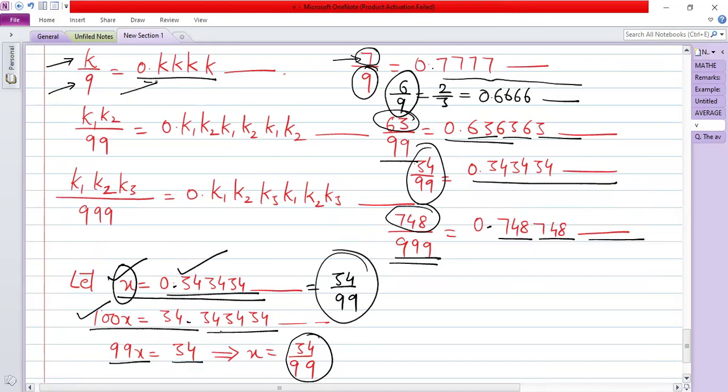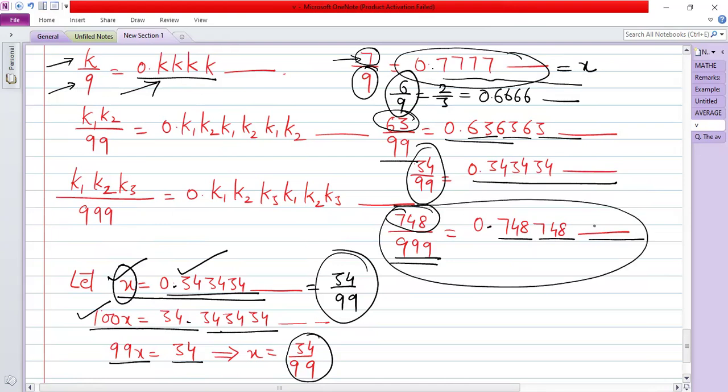Similarly, to derive this one, we will assume this be equal to x. We will multiply both sides by 10 and then subtract. Similarly, in order to derive the three-digit case, we will assume it be x. Then multiply both sides by 1000. So obviously, what will be 1000x?